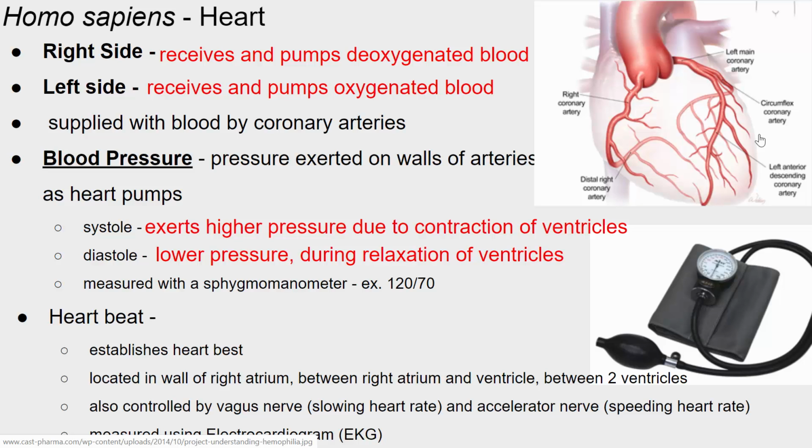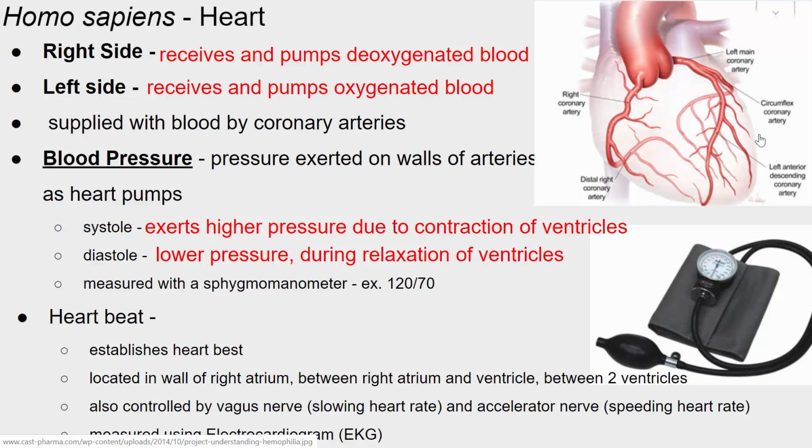The way you measure blood pressure, you put this cuff on, and what's the other tool they need? A stethoscope. So they're listening to the arteries in your arm. They pump up the cuff until they can't hear your heart rate anymore. At that point, the pressure in the cuff is equal to the pressure while your heart is beating.